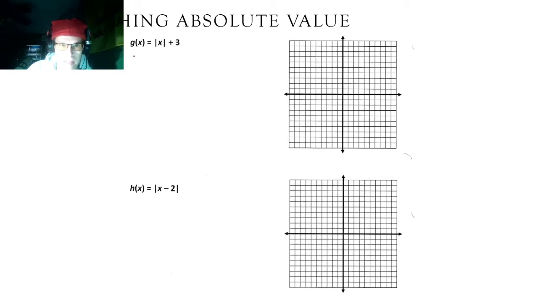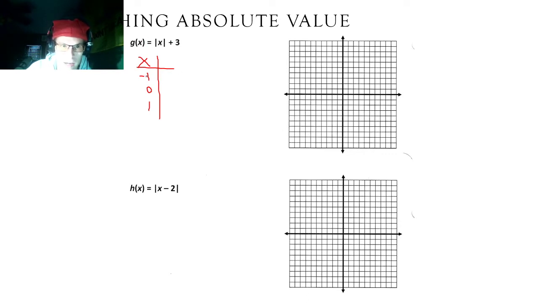All right, so g of x equals the absolute value of x plus 3. So let's draw up a graph. And when you're doing absolute value functions, it's always good to do -1, 0, and 1, because that will give you an idea of where that V that comes up with absolute values will be. All right?